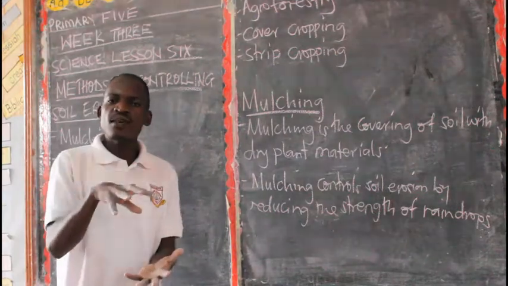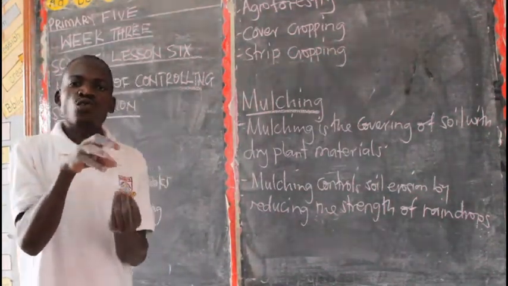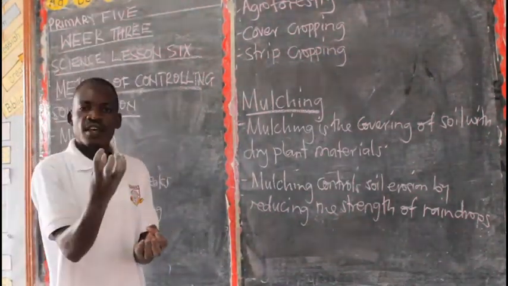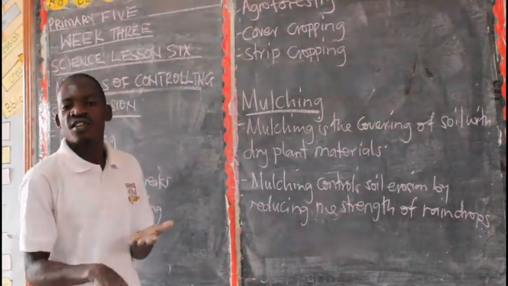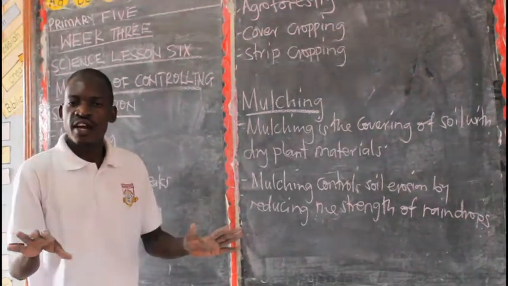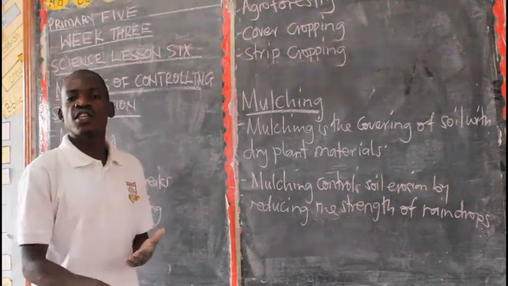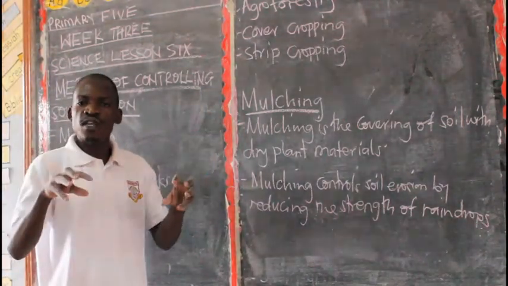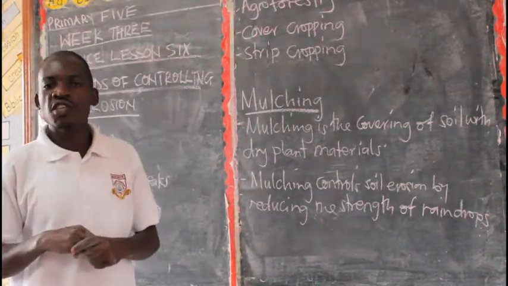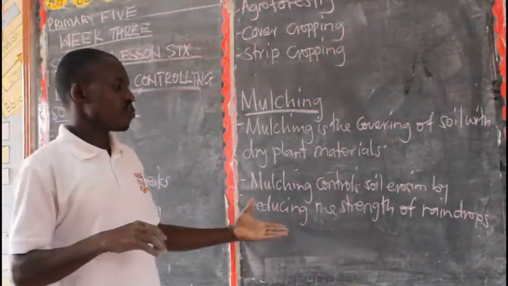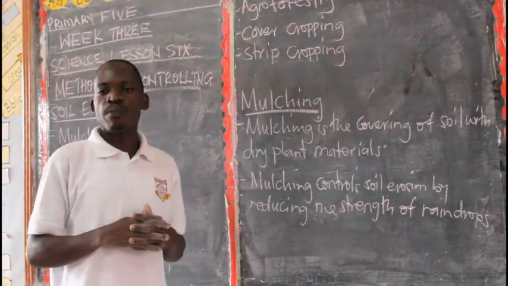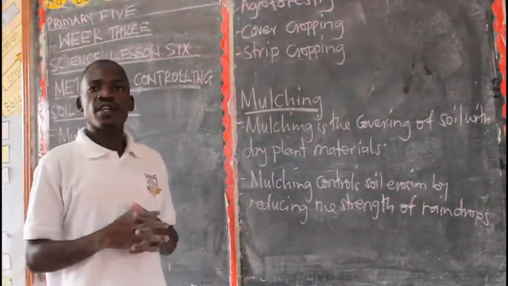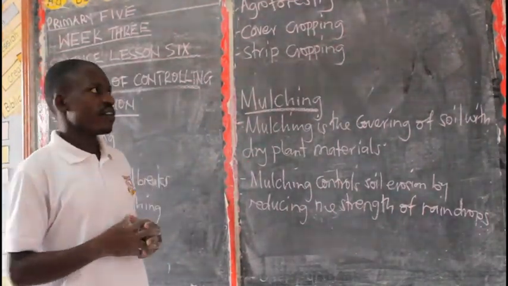These dry leaves reduce the strength. If it's coming with a lot of force, by the time it reaches the dry leaves, before it reaches the soil, the strength is already gone. So there will be no splashing of the soil from its original position due to the reduced strength of the raindrop. So mulching is very important in our garden.